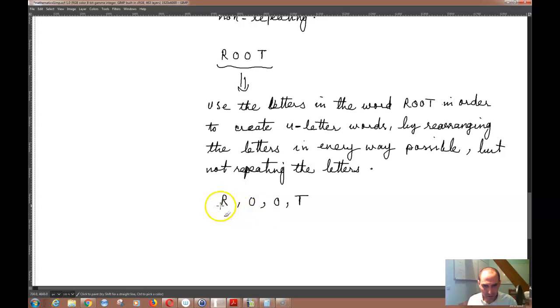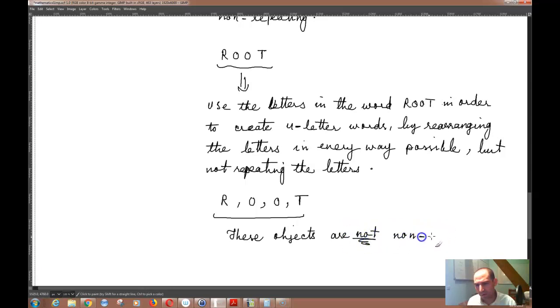And if I think of these as objects, then of course these objects are not non-repeating. So you will get into a problem.